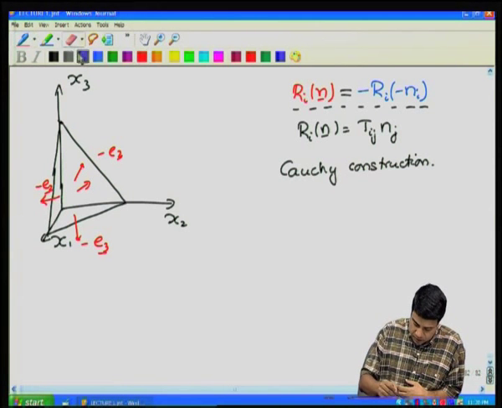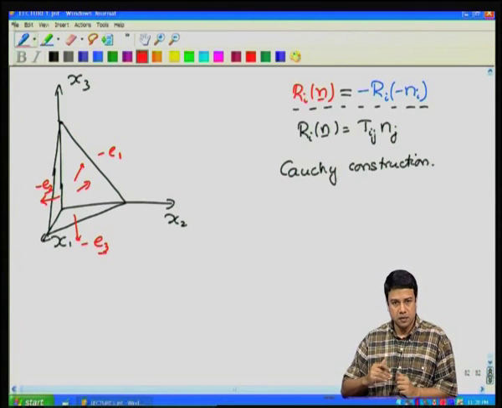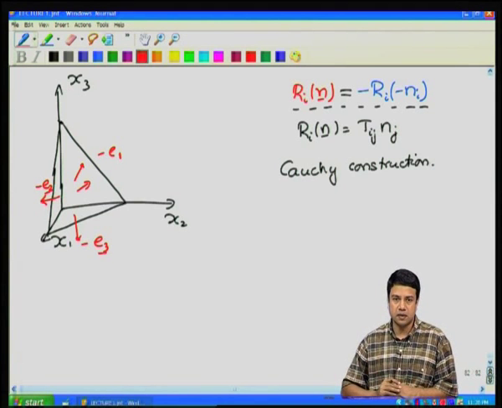And minus E1 direction here. The minus E1 normal is pointing behind, minus E2 in the left, and minus E3 downwards. So, these are the 4 outward unit normals for this surface.